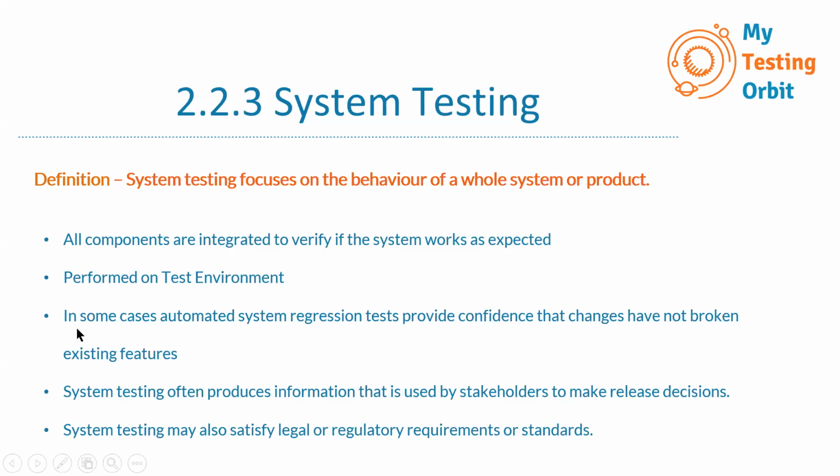The third one is that, in some cases, automated system regression tests provide confidence that changes have not broken existing features. In agile methodology, or even sequential, where a lot of regression tests are added, automated testing saves us a lot of time and gives us continuous confidence that whatever we are building is working well.